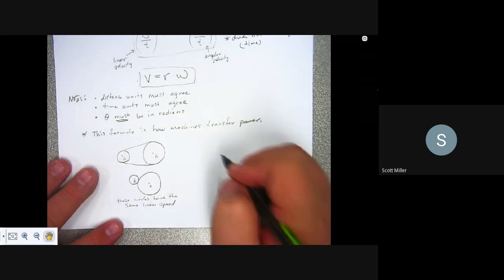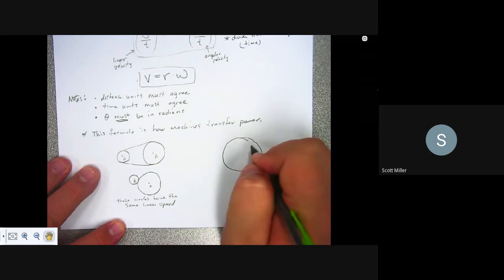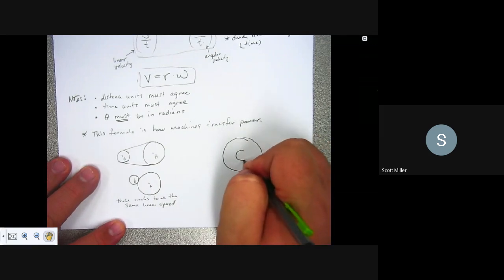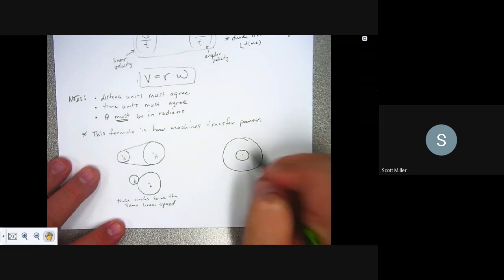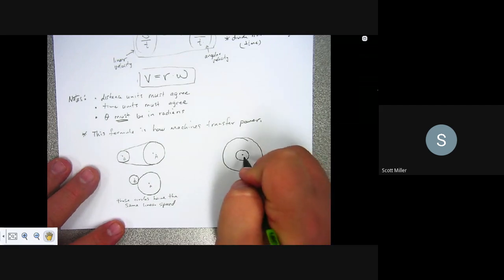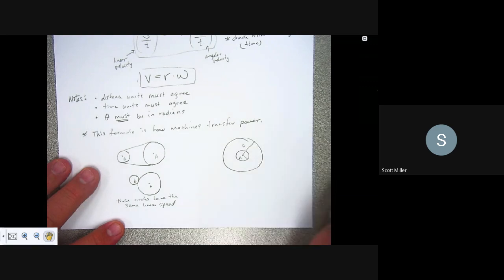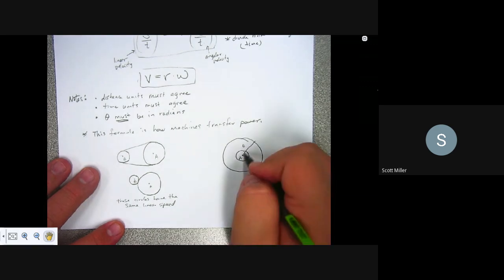Okay, now the other one would be this one. This is what's going on with the spinning action we talked about for the carousel. I have a circle inside of a circle, and they're attached in the middle here. This is circle A, it has a radius. Circle B has a radius. So you've got the big circle and the little circle, and they are attached.